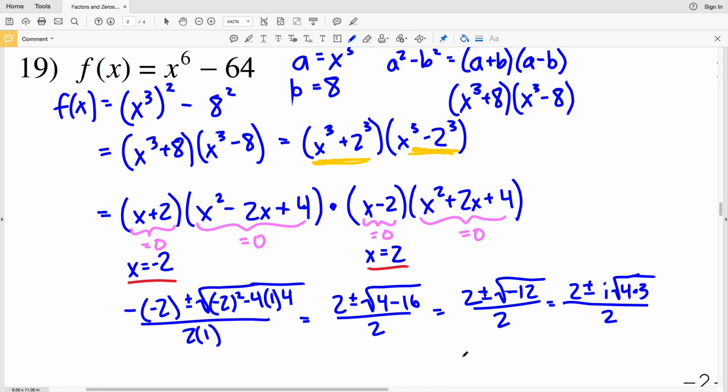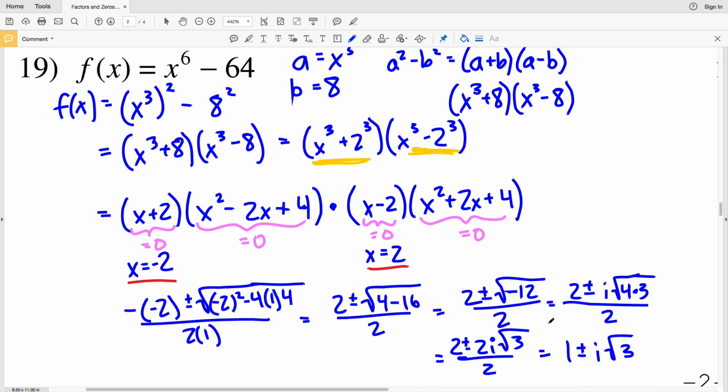Continuing my work down below, I'll have 2 plus or minus 2i times the square root of 3, all over 2. Both my terms are divisible by 2, so I can simplify this as 1 plus or minus i times the square root of 3.